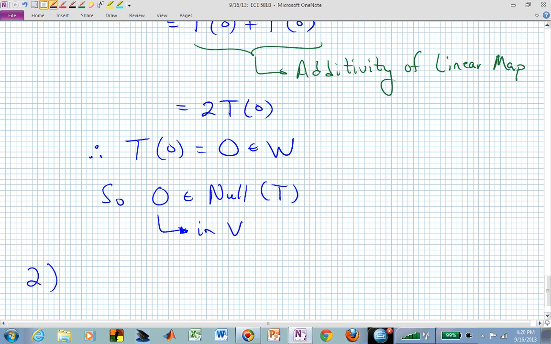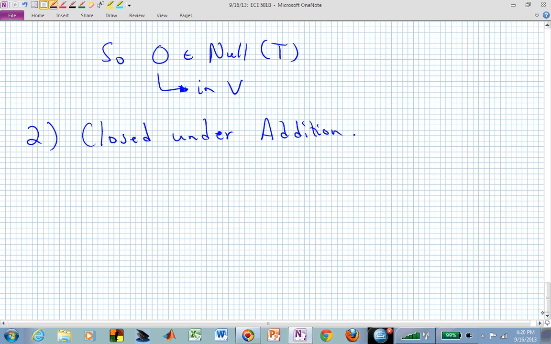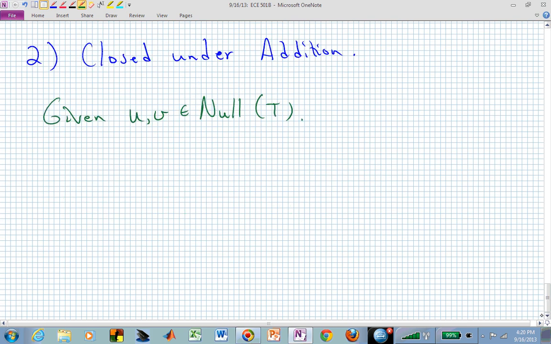Now we need the null space to be closed under addition, for the second property. In that case, what we want to do is just take a couple of vectors, u and v, belonging to the null space of T and see if their sum belongs to the null space.